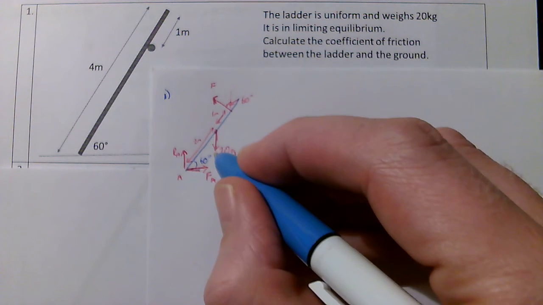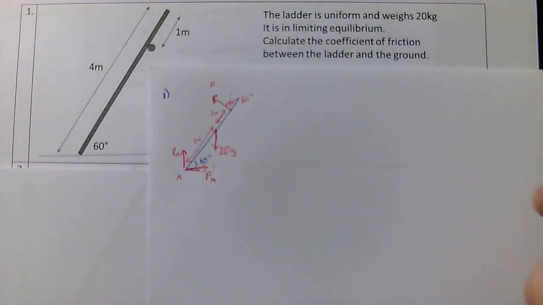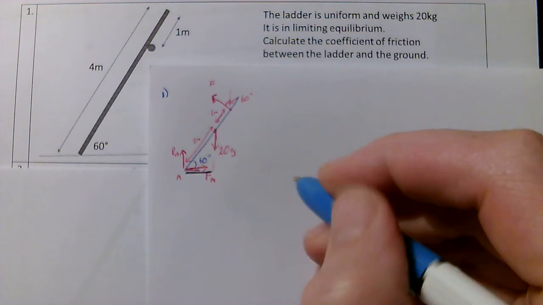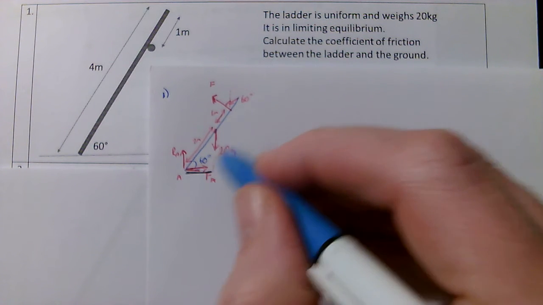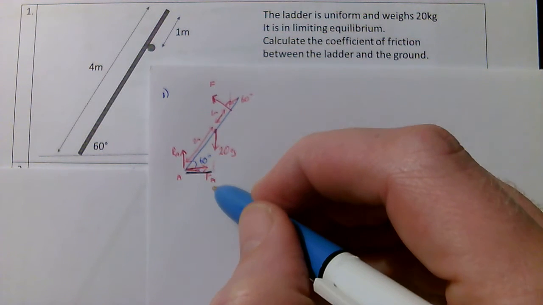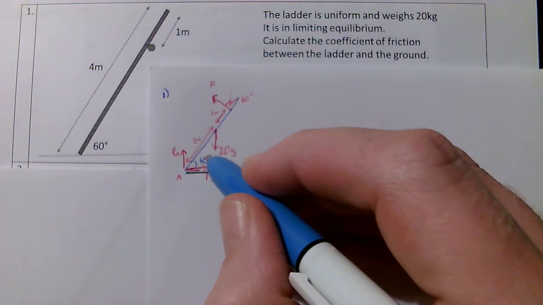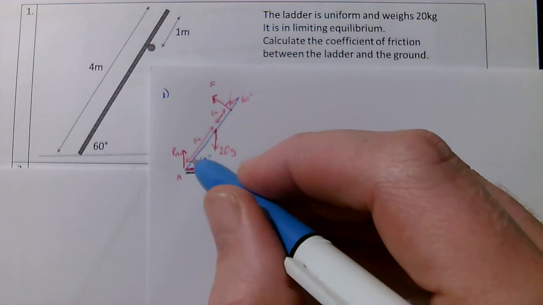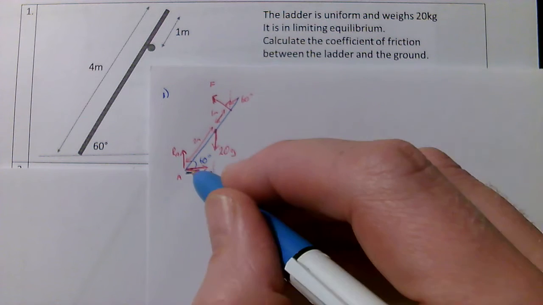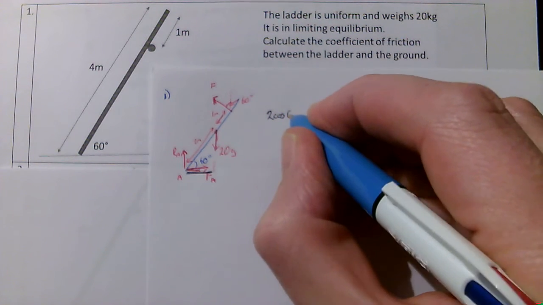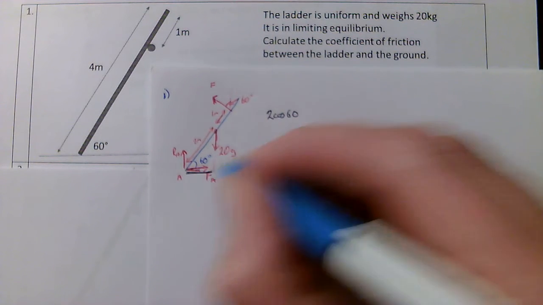If I extend this downwards, the length that I'm looking at here is going to be this length there that I've just marked in with black pen. Essentially that's the lever through which the force acts. So here, if I know that this is 2 meters and this is 60, this must be 2 cos 60.